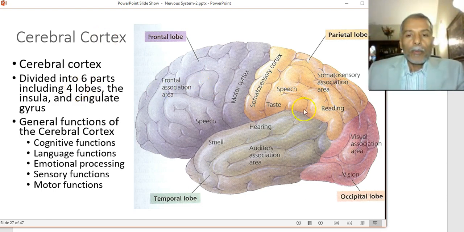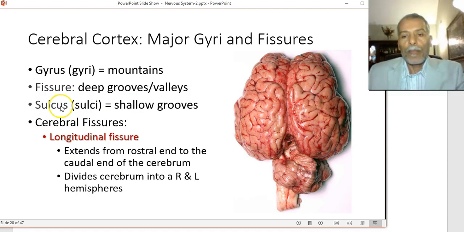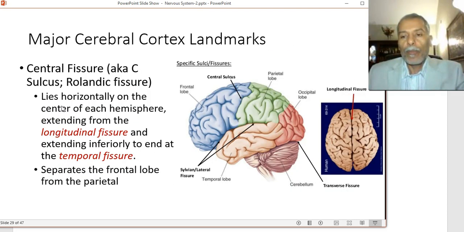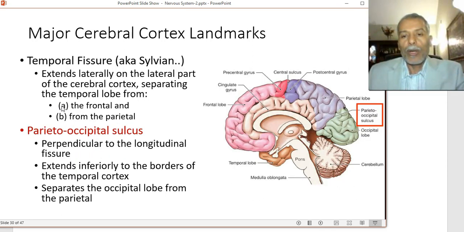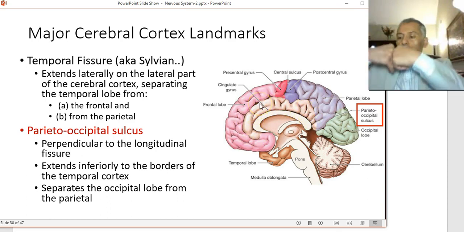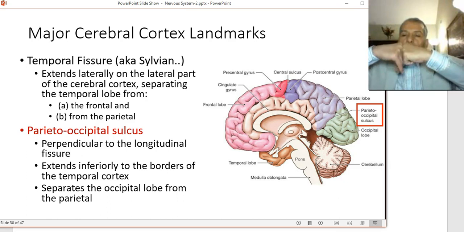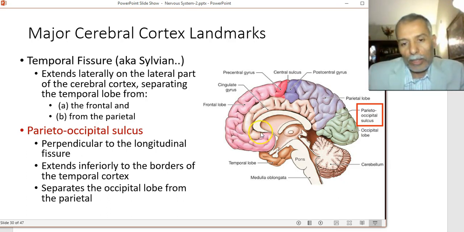So we have 4 visible lobes, and then we have a structure here that is called the cingulate gyrus. It's not showing unless you take the 2 sides of the brain, the right hemisphere, left hemisphere, and open them up. So you can see this gyrus going all around here, called the cingulate gyrus.